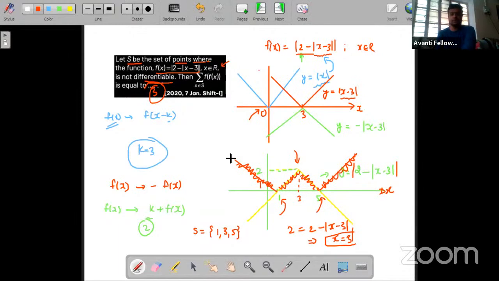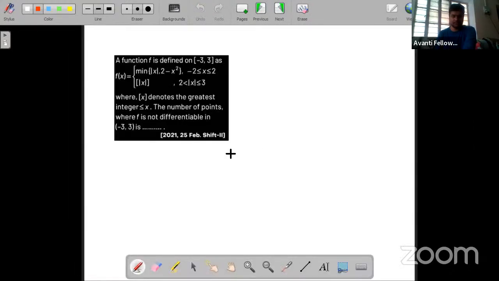Okay, so we'll move ahead with the next question. Next question is this. Okay, so the function is defined on the closed interval -3 to 3, and the function is given. So a piecewise function is given because at some values of x there is some definition of function, and for other values of x there is some other definition of function, where bracket of x denotes the GIF function.